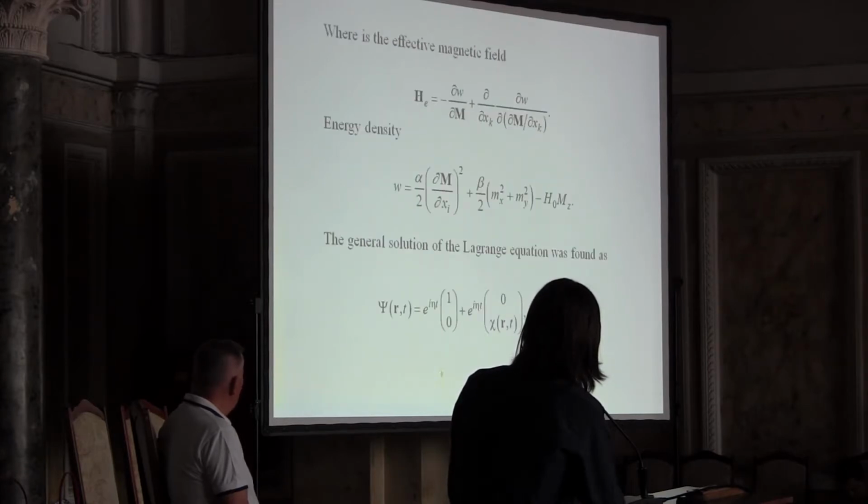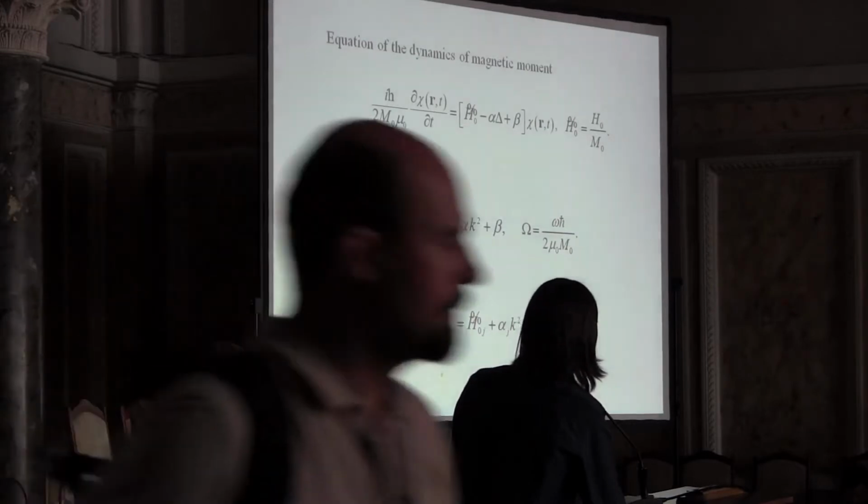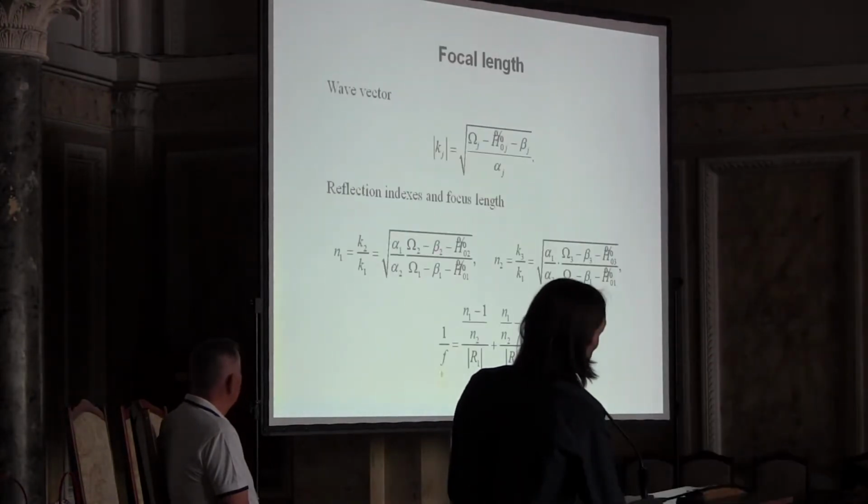After we put this solution in the equation, we can find the equation of the dynamics of the magnetic moment, which gives us the dispersion equation, sorry for grammatical mistakes, in this form, which gave us the possibility to use a geometrical optical approach to find the focal length.